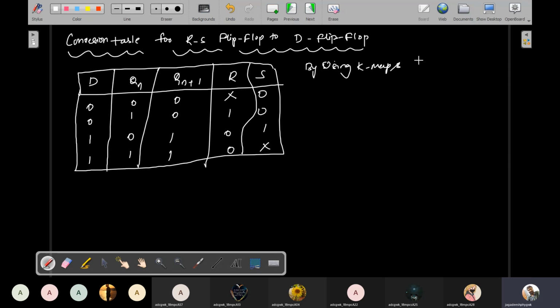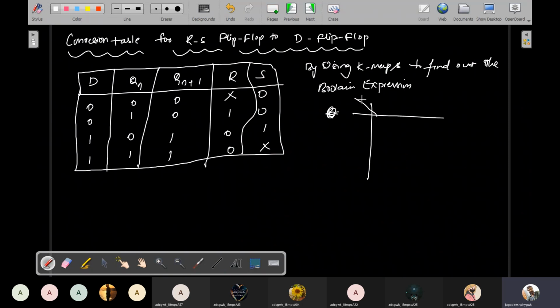To find the Boolean expression, see how you will take the K map.